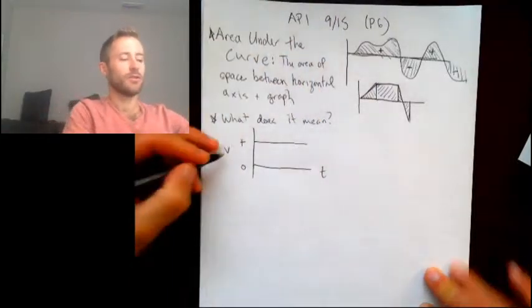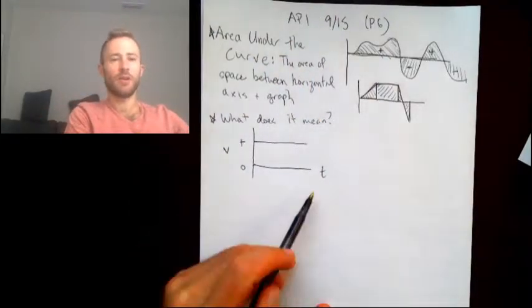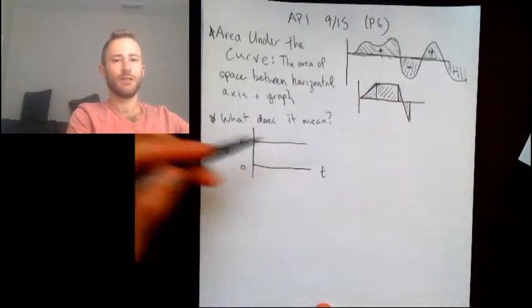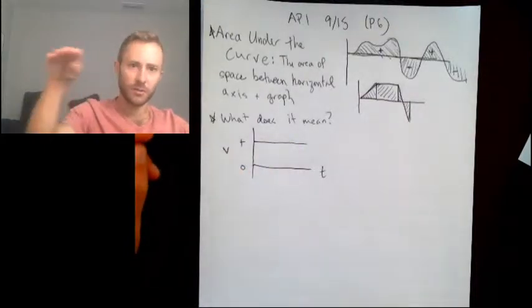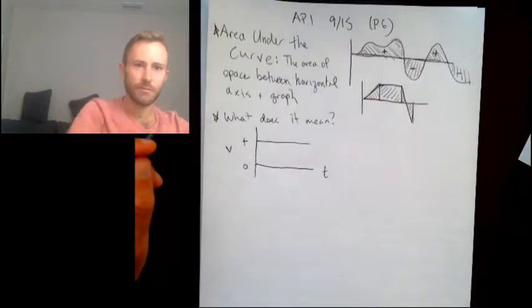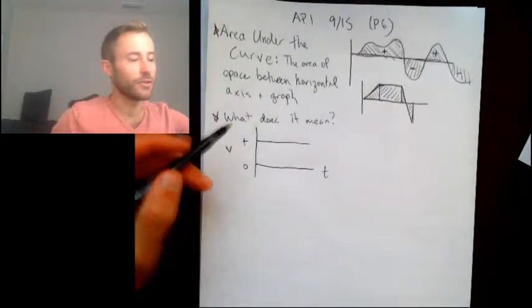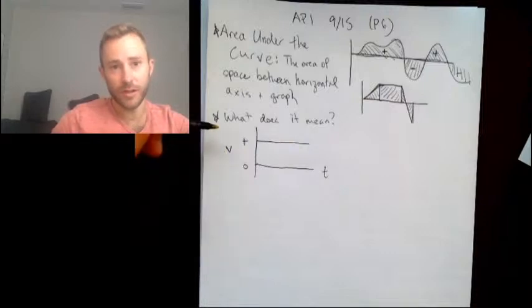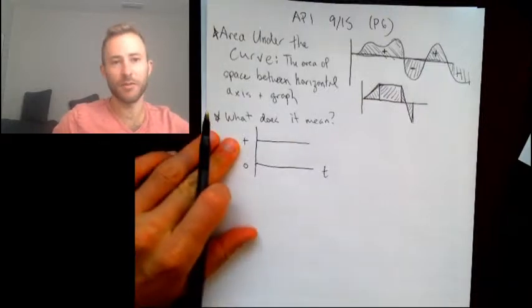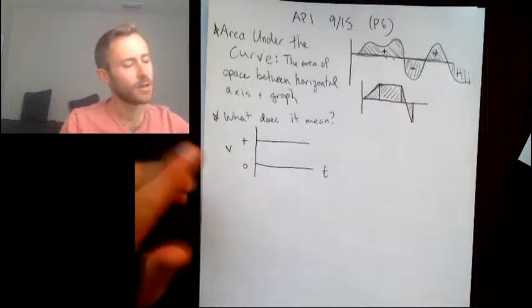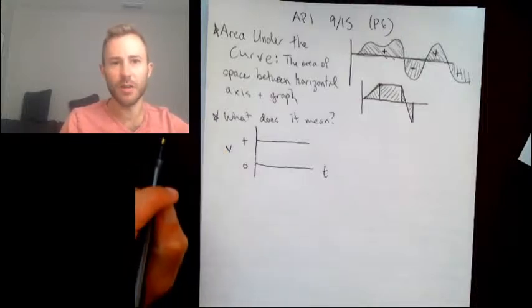All right, so this is a velocity time graph. We can see that the velocity is positive and it's a flat line indicating that the velocity is staying steady, okay? It's the velocity that's staying steady. If this were a position time graph, then this would just represent you were standing still, okay? So this is a velocity time graph.